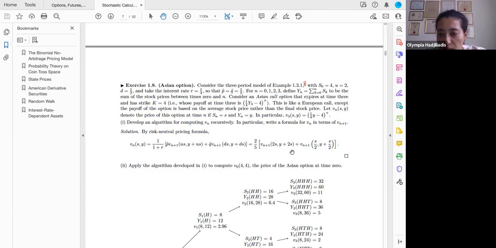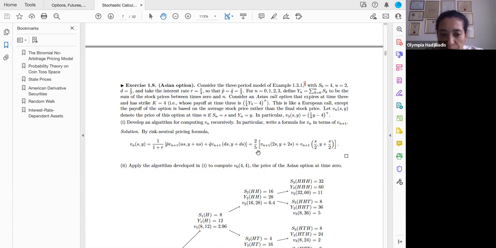And so you obtain, by doing the right substitutions, u is 2, d is 1/2, and so that's what it is. And then this is 2/5 because p̃ is 1/2 and q̃ is 1/2, and 1 plus 1/4 in the denominator.